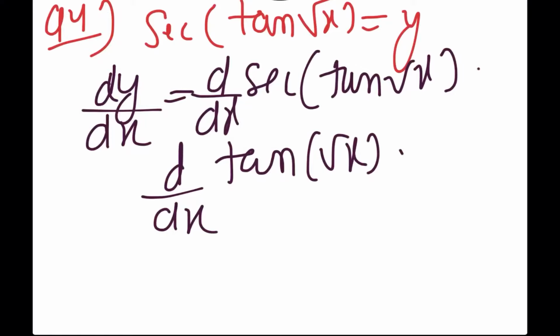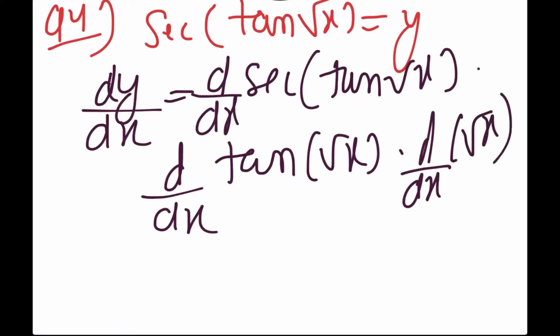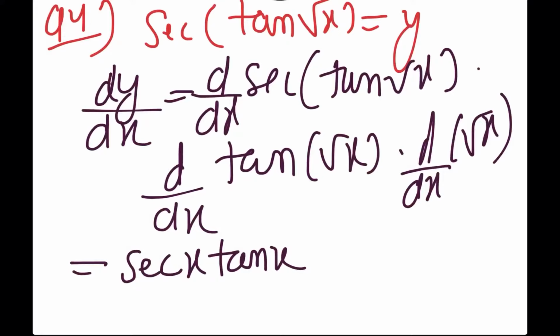Standard function means it's x, so I have to differentiate root x also, d dx of root x. This will give me my answer. So the differential of sec x is equal to sec x tan x. So this will become sec x tan x, which is the derivative of sec, into tan root x. I can even split it and write it as sec of tan root x and tan of tan root x. That's up to your choice. It's not necessary.